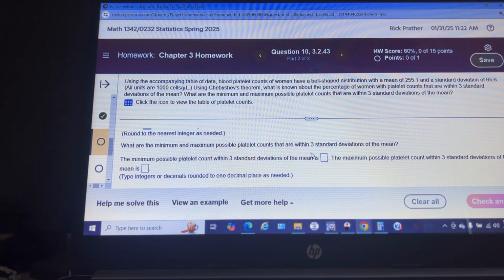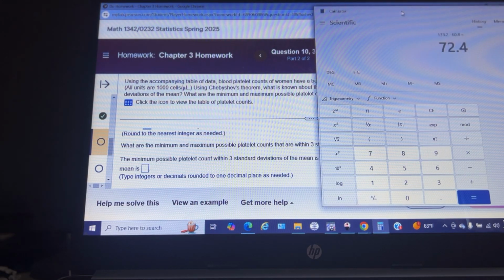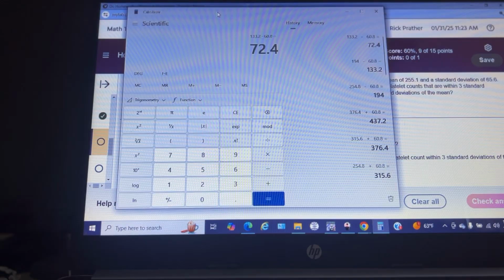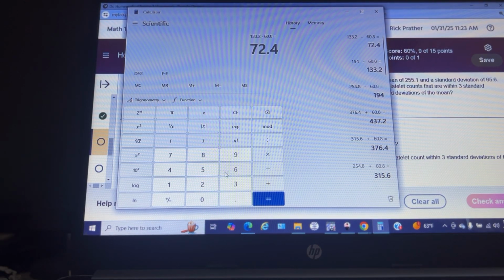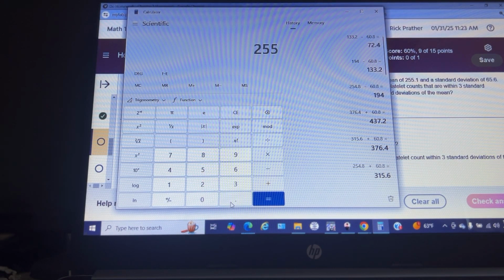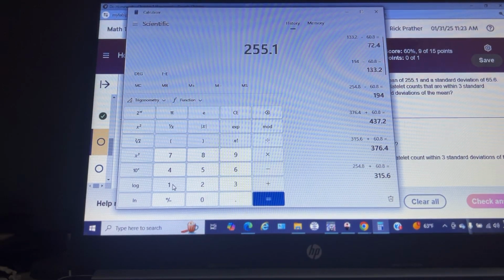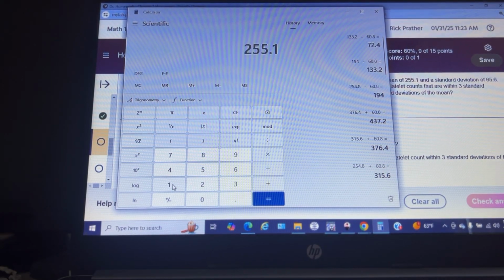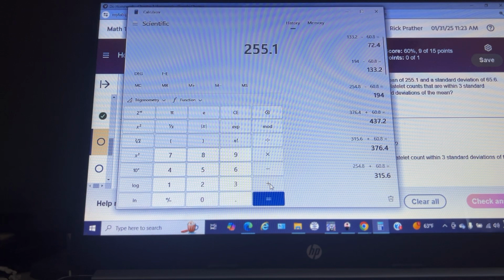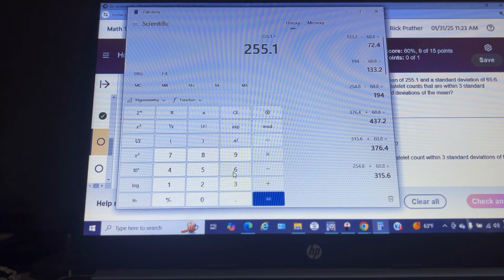The minimum possible tablet count within 3 standard deviations. Okay, so this is what they're talking about here: what are those 2 numbers on the number line? Here I'm not going to make a number line since I was able to answer part A already. But let's take this mean of 255.1. If I add the standard deviation 3 times, that's the maximum value that they're talking about here. That would be the 3rd place on my number line if I actually made the number line.